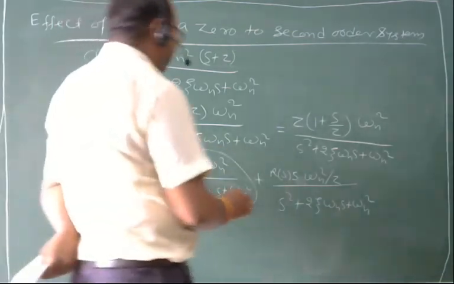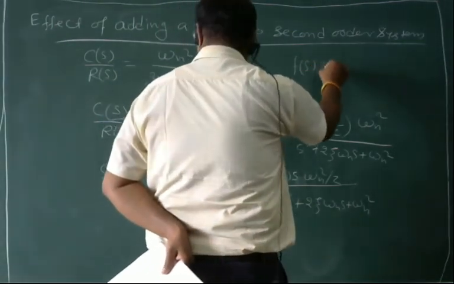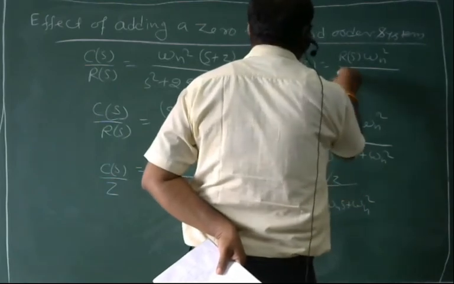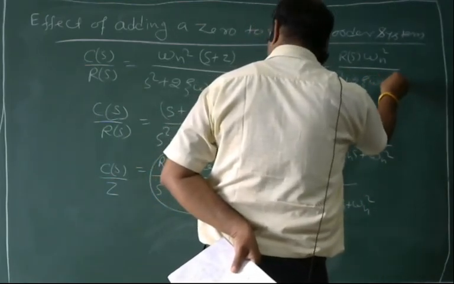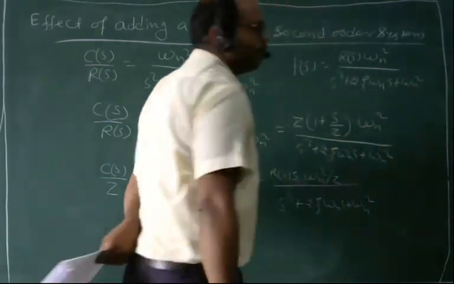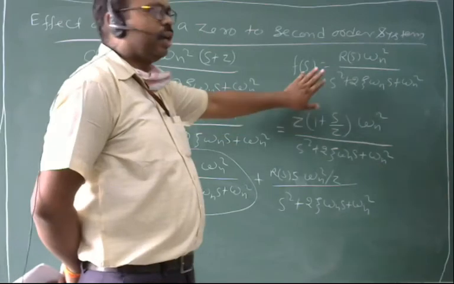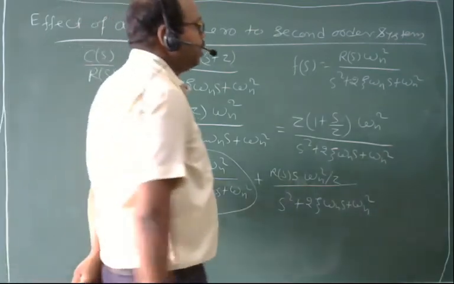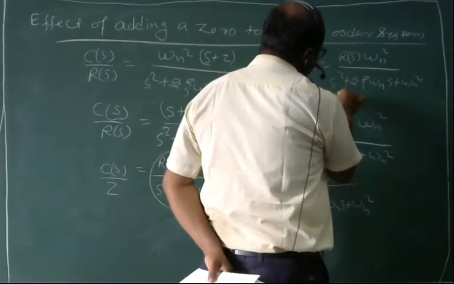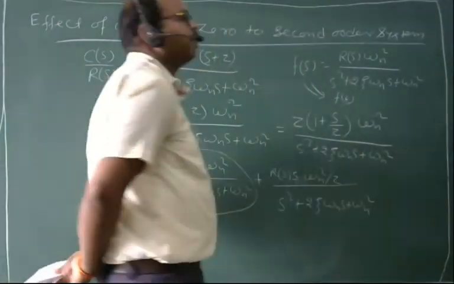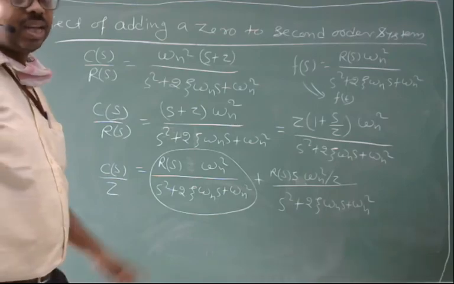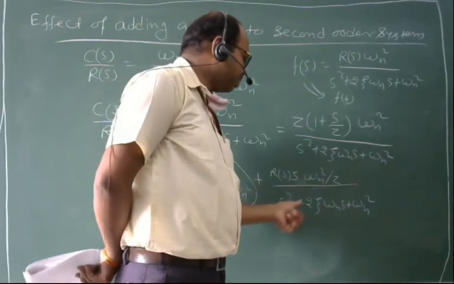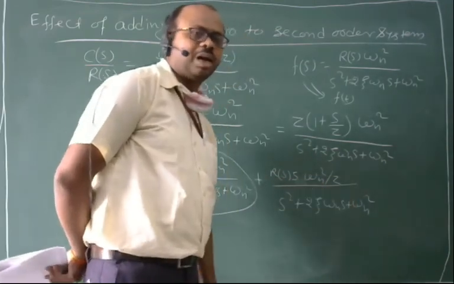If I am taking it as a function, F(s) is equal to R(s) omega n square divided by s square plus 2 zeta omega n s plus omega n square, and if its inverse Laplace is f(t), then what will be this s R(s) omega n square divided by s square plus 2 zeta omega n s plus omega n square?